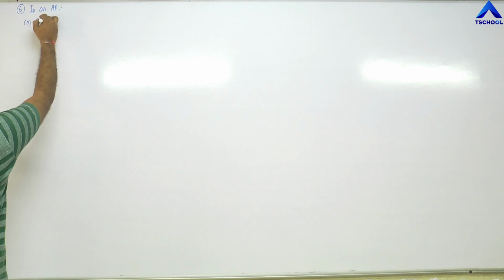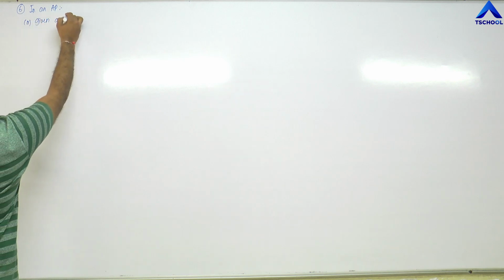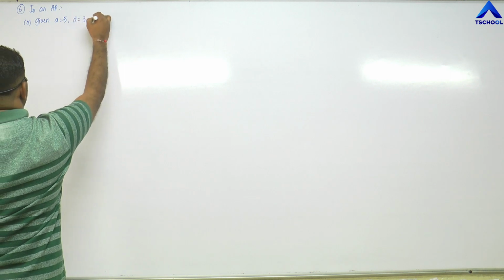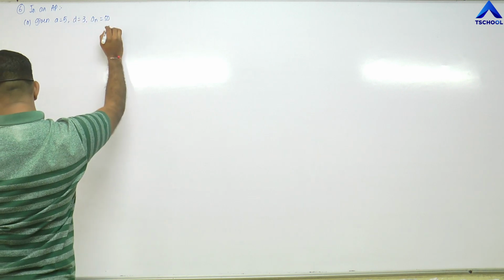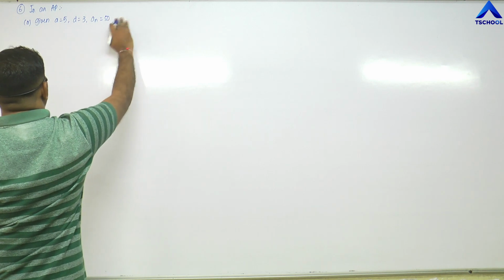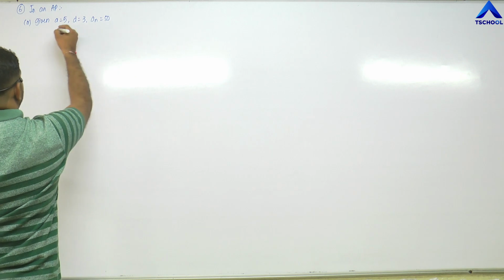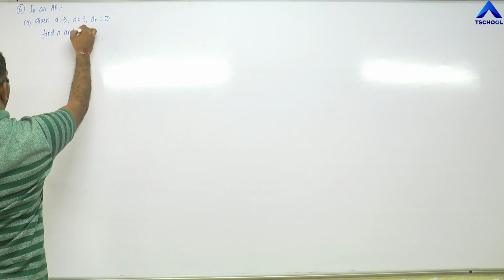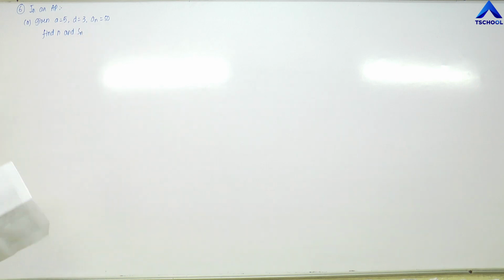Given a equals 5, d equals 3, an equals 50, find n and Sn. Right, we need to find the values of n and Sn both.